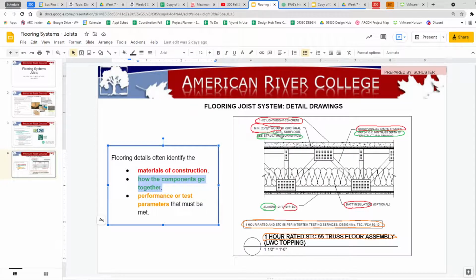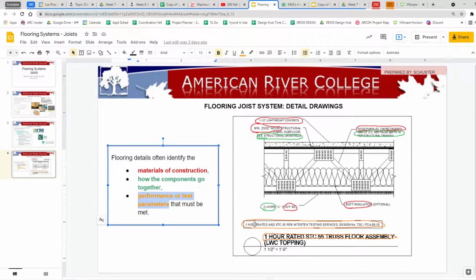See the structural drawing. 24-inch on center, 2 layers. So sometimes they tell you how they go together. And sometimes they tell you how it has to perform or what standard it has to meet. 1 hour rated per STC 55.